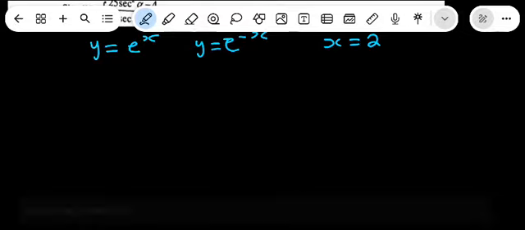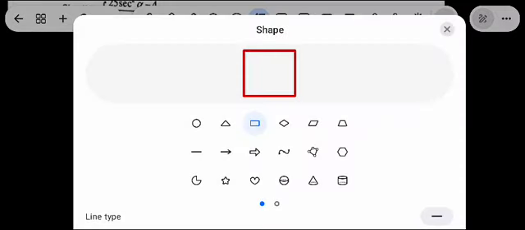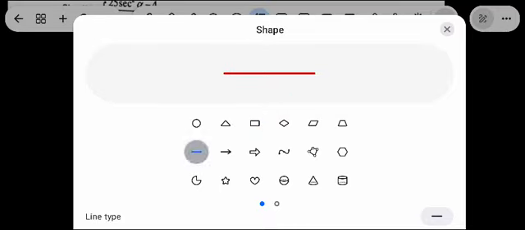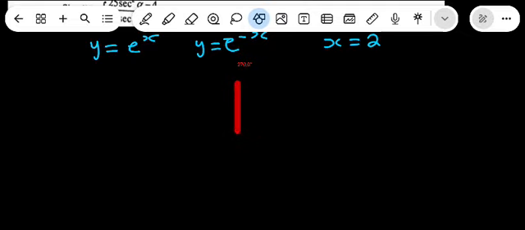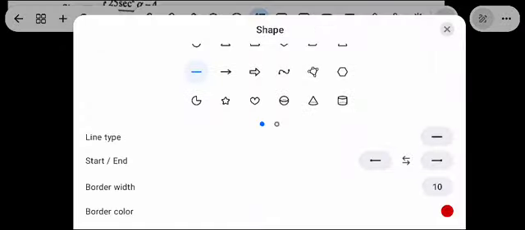Alright, so let me grab my Cartesian plane. The line is very thick, let me reduce it a little bit.